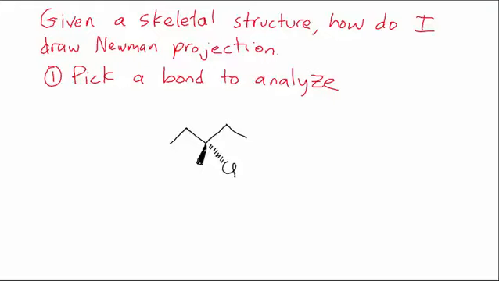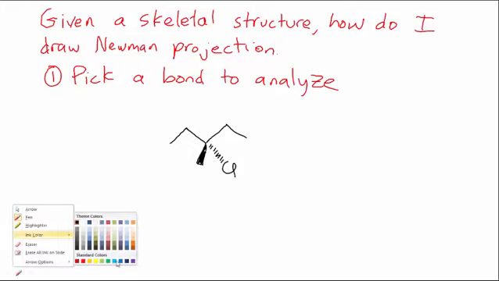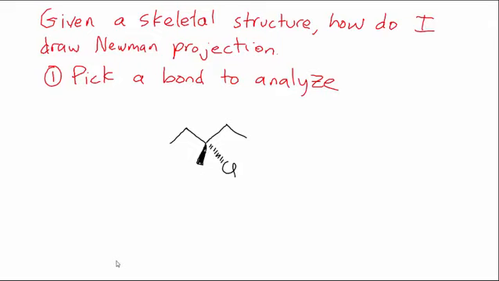Now, I see 1, 2, 3, 4, 5 carbon-carbon bonds that I could analyze. Usually what I'll do is I will say, specifically, look down one specific bond. So I'll make some attempt at drawing like a little eye, like this. Ooh, there's a little eye. Maybe it's got eyelashes. I don't know. And I'll draw a little arrow to say, okay, look at it from that perspective.